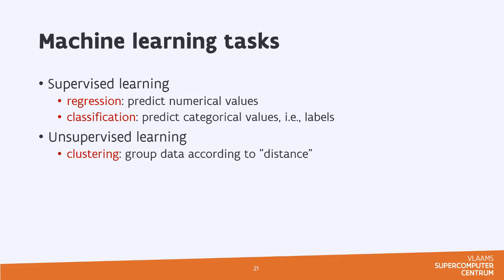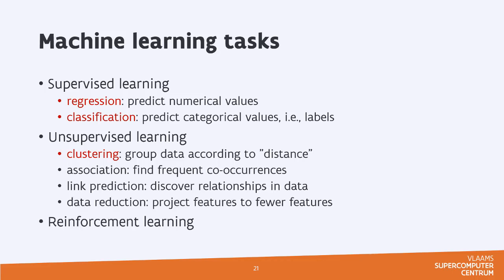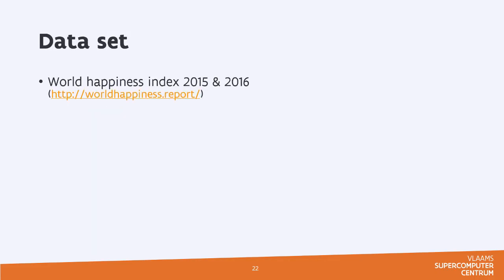There you have, for instance, clustering according to some distance measure. You can also do association mining, link prediction, data reduction, and there's also reinforcement learning. So in this part of the presentation we'll discuss a few of these techniques. To be precise, we will talk about regression, classification, and clustering.